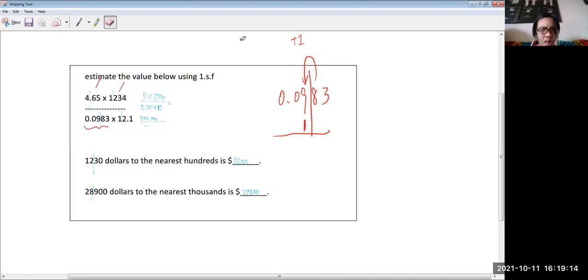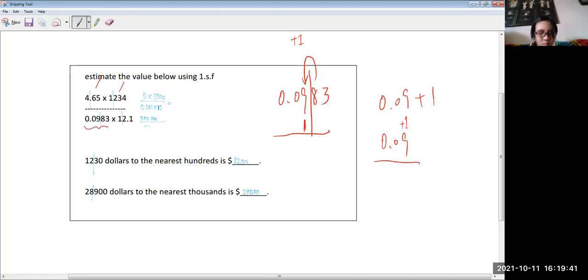Are you going to add 1 to the whole 0.09, or just to this one? The 9. So if you add 1 to the 9, what are you going to get? You get 10, right?